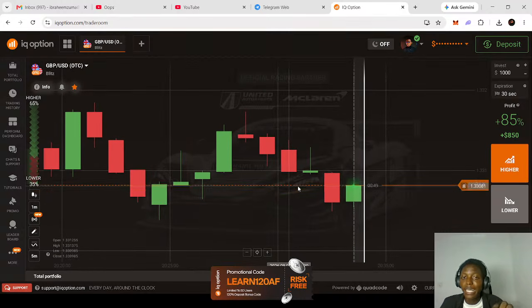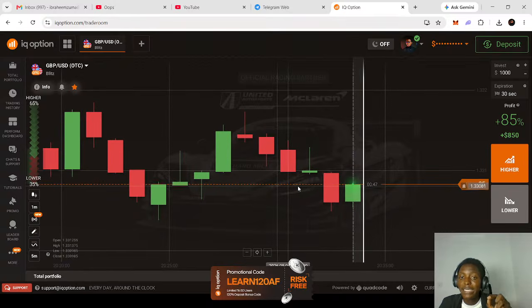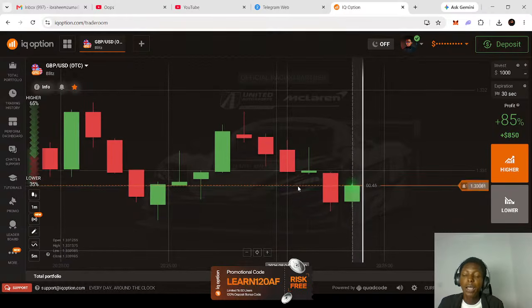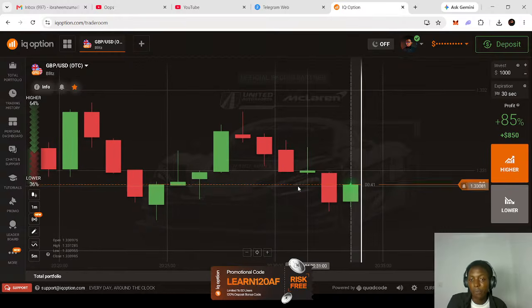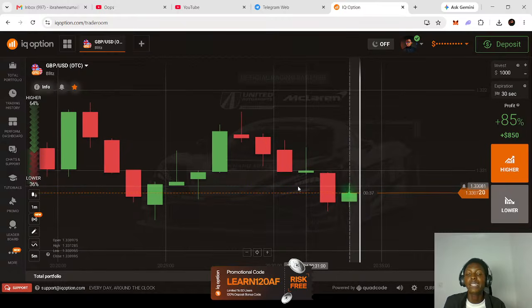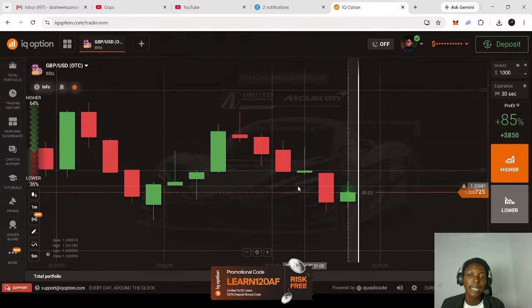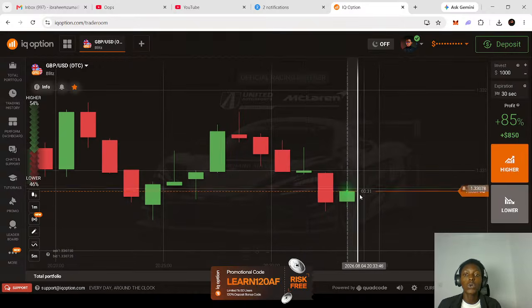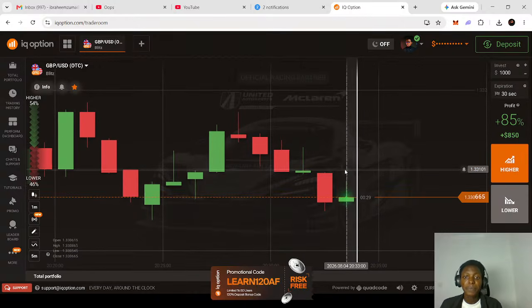So every candle here represents 1 minute of price movement. But the expiry time on your trade means that after that period, your trade will close automatically, and whether you win or lose, you will get your result after the trade has finished. So that is what we mean.